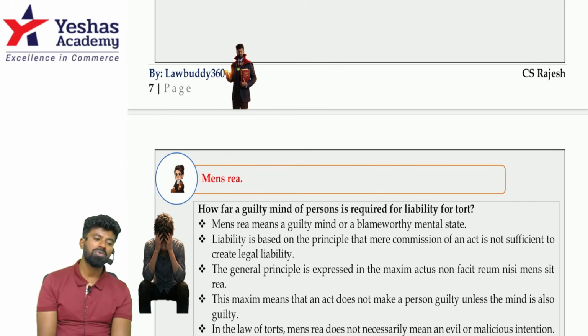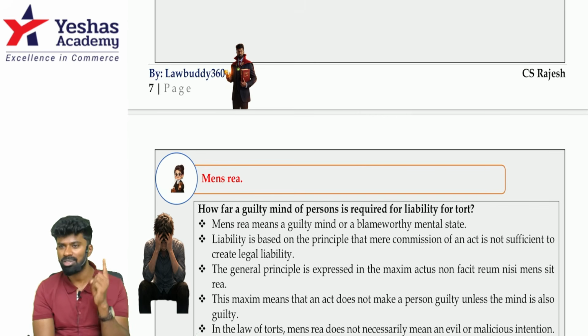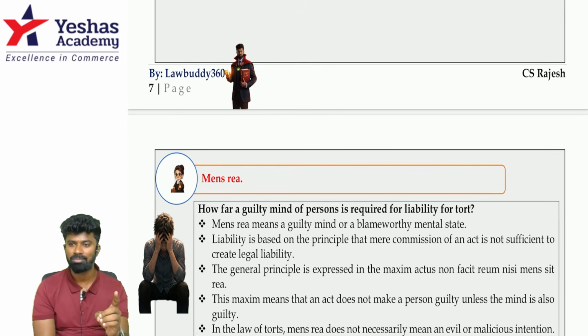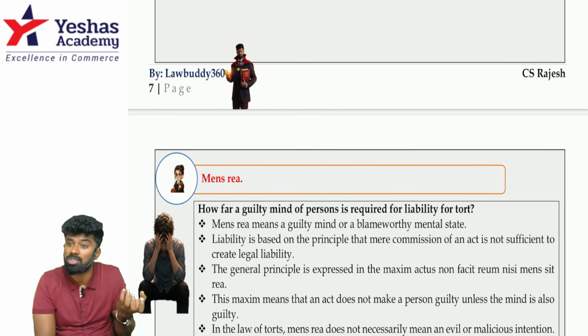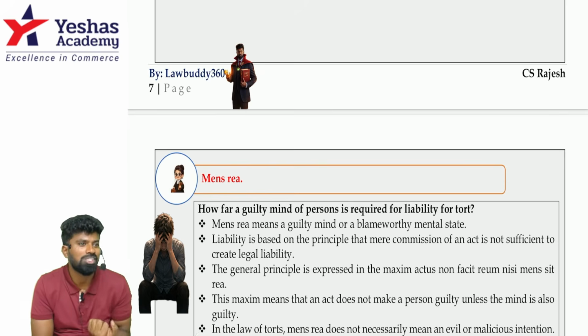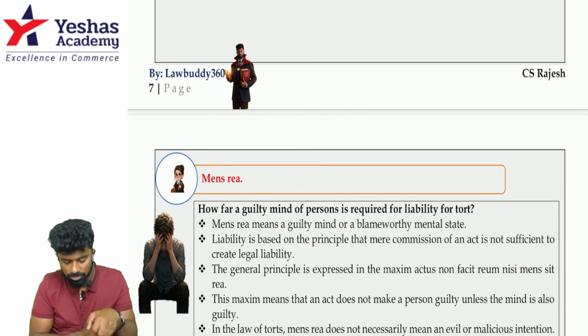Is mens rea required for the commission of a tort? For a criminal wrong, what is essential? Mens rea. Because without mens rea, a person cannot be held guilty. An act of a person cannot be considered a crime unless he has what? Mens rea. What is mens rea? Guilty mind.